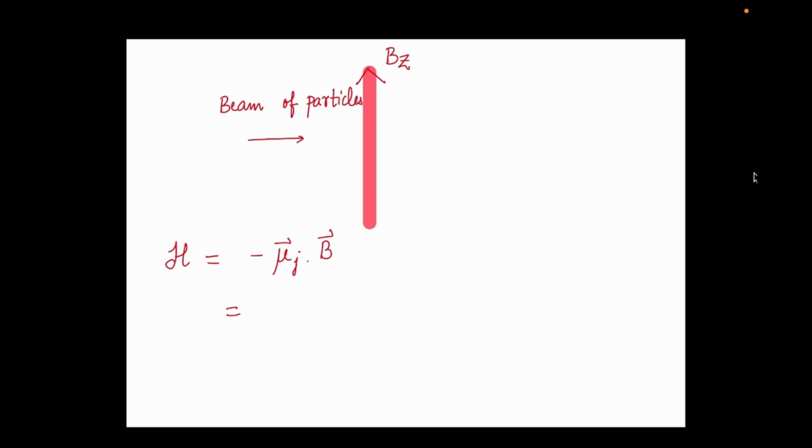If you write it in terms of the angular momentum, this is Jz Bz, since your B is in the z direction. So your Hamiltonian operator is basically Jz, the z component of the angular momentum.